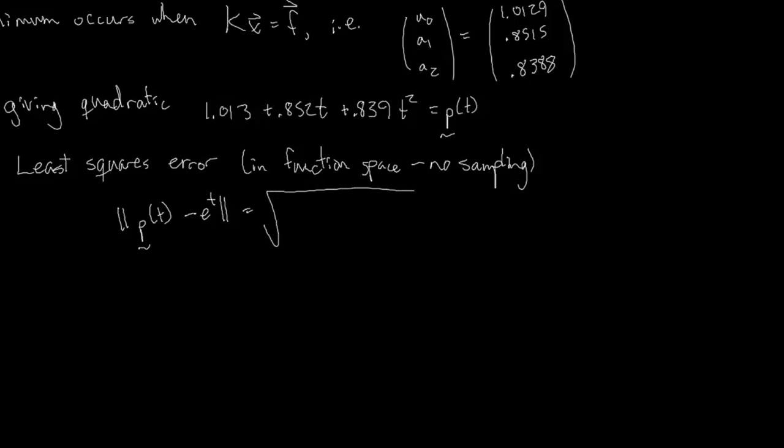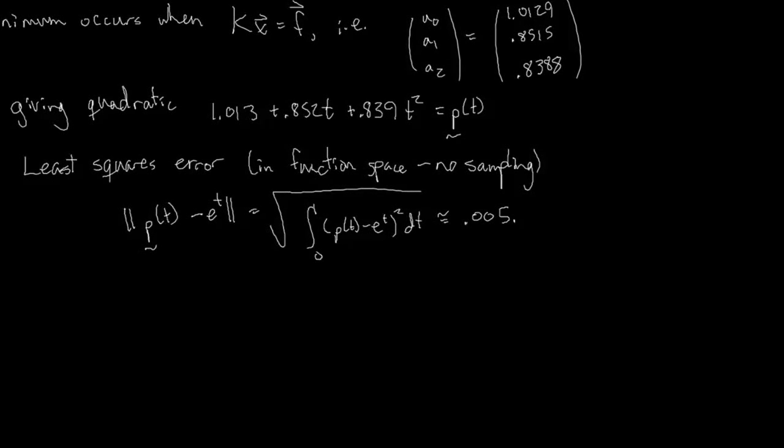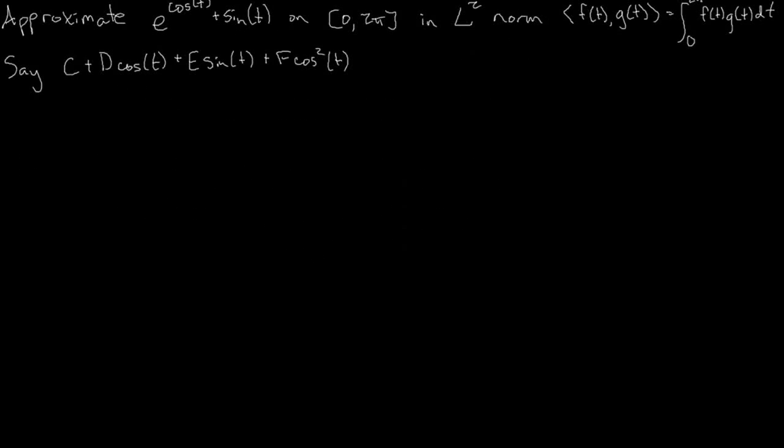The error in this function space, which is called L2, is just the square root of the integral from 0 to 1 of the square of the difference between those two functions. That's just the norm of the difference. That's how far away they are from each other in this vector space with this notion of length. And they're pretty close, 0.05. You can read about this in your book for more details.